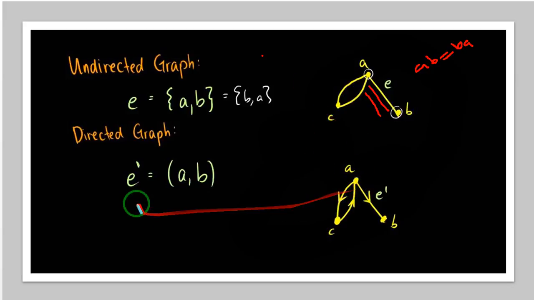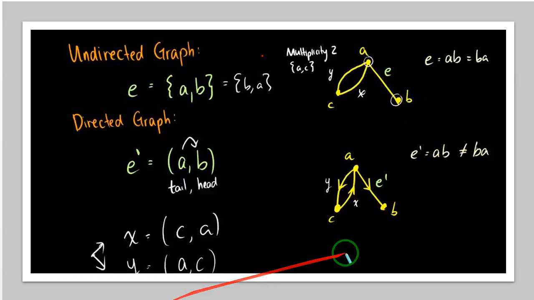When we have E prime equal to AB, it means AB is in this direction: A is going towards B, B is not going towards A. So directed and undirected graphs differ a bit in this way. Here, X is C to A, and Y is A to C. If we go from A to B, then E prime A to B will not be equal to B to A, because direction matters when we have a direction. In the undirected case it will be equal, but in this case it will not be equal.